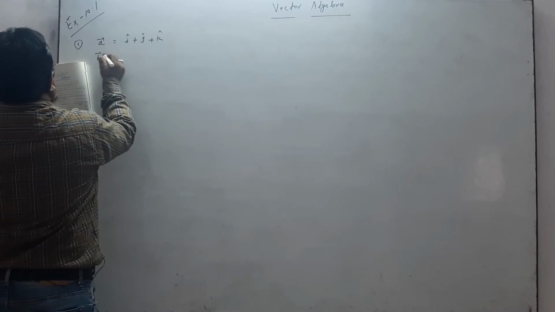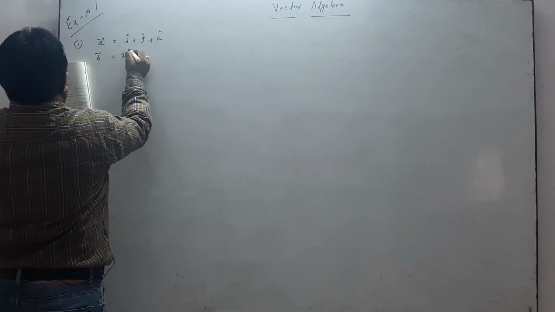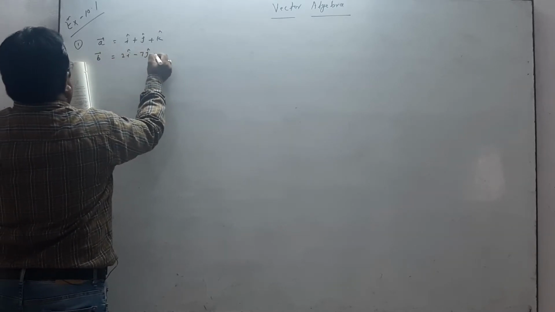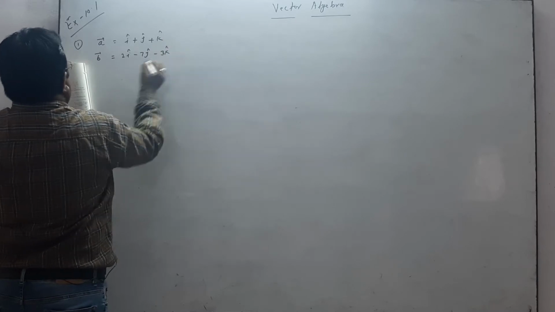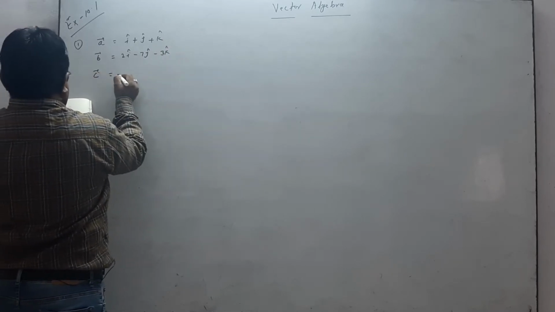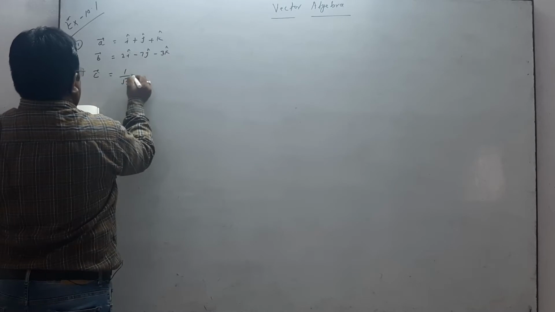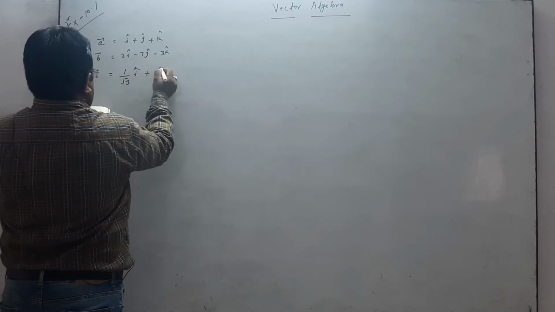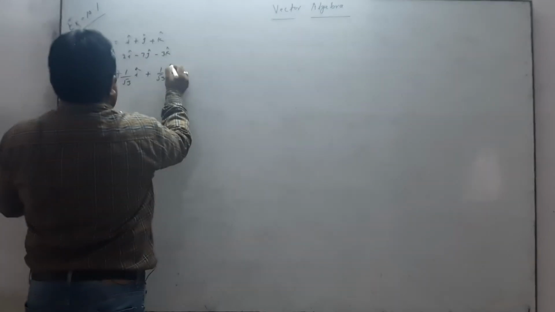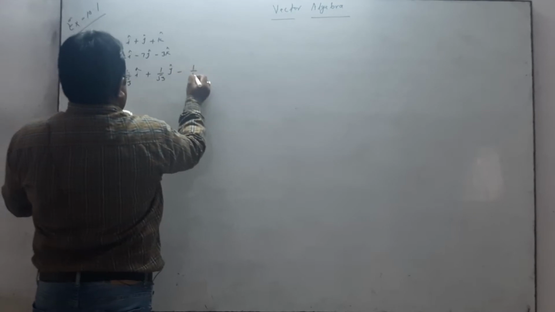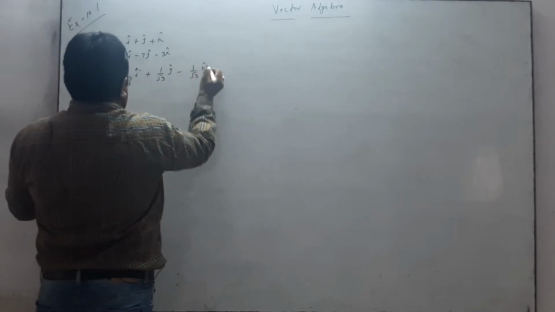Vector B is given 2I cap minus 7j cap minus 3k cap. Vector C is given 1 upon root 3 I cap plus 1 upon root 3 j cap plus minus 1 upon root 3 k cap. Now find the magnitude for the following vectors.